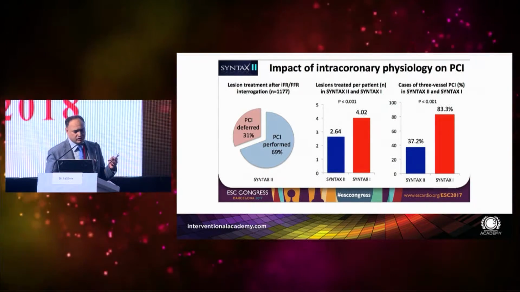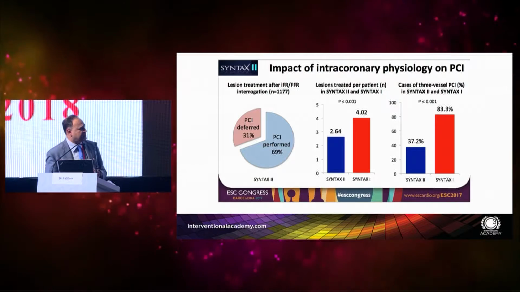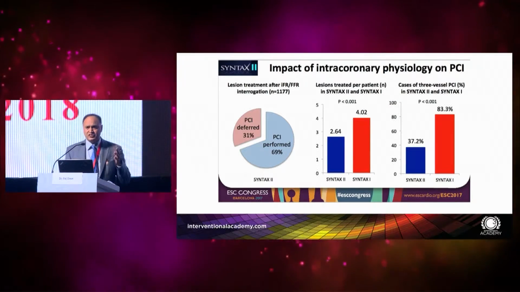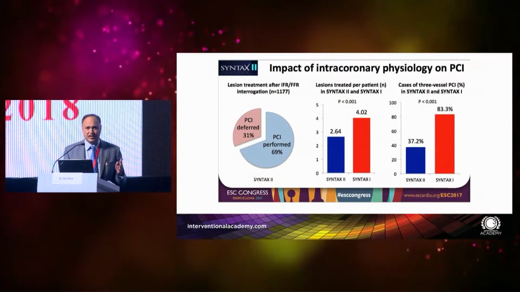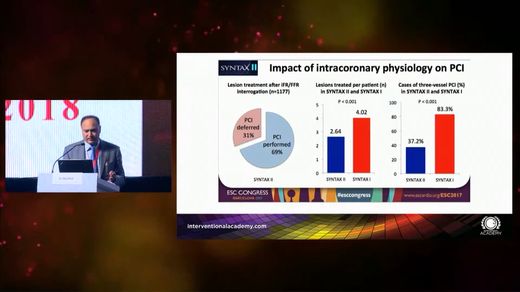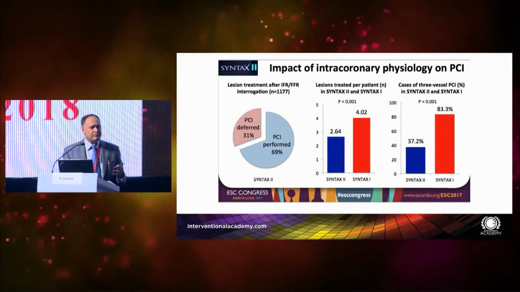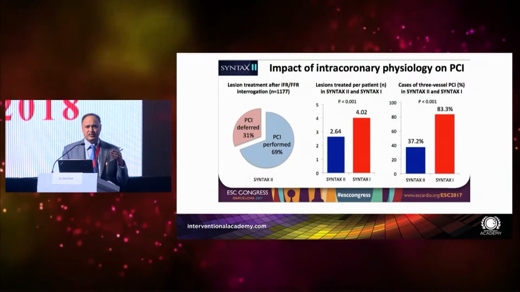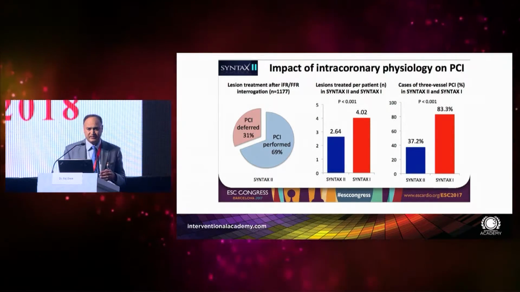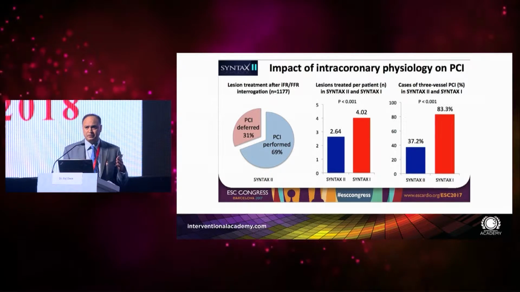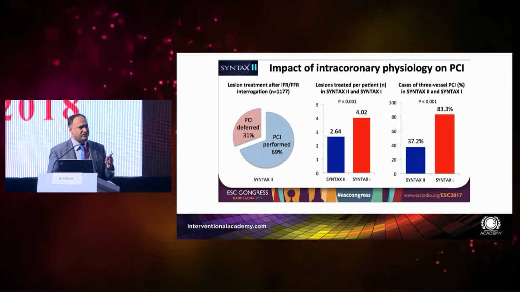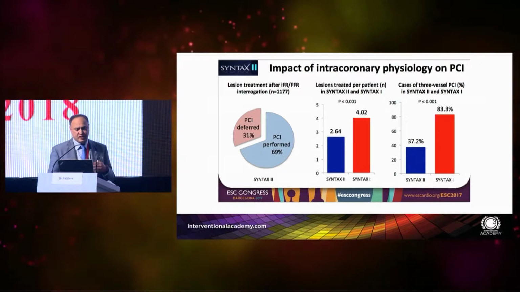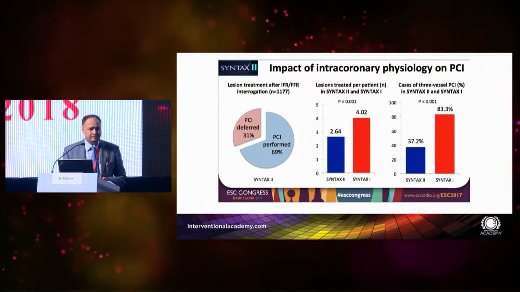In SYNTAX 2, you had 1,100 plus patients, and you can see that at the outset of the trial, 31% of patients had deferral of PCI based on the FFR results. When you compare the number of patients who underwent 3-vessel PCI treatment in SYNTAX 1 versus SYNTAX 2, when physiology was added to the equation, it was significantly less.